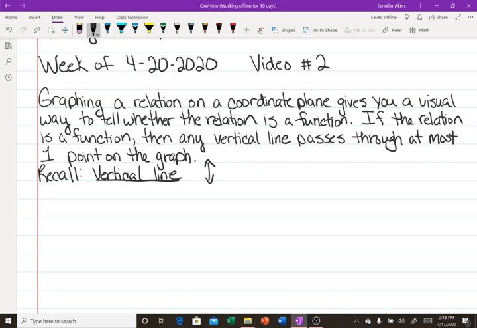So if I have a graph with points, lines, curves, whatever the shape is, on a coordinate plane, if every single vertical line that I can draw only touches the graph once, not more than once, then the graph is a graph of a function. So that relation that is the graph is a function. Okay, and this method is called the vertical line test.